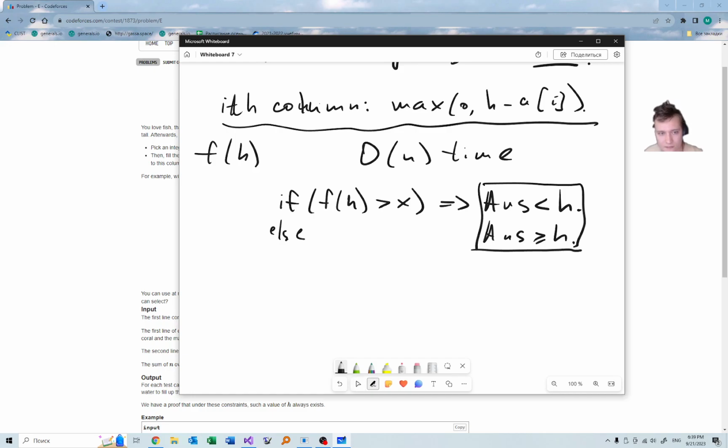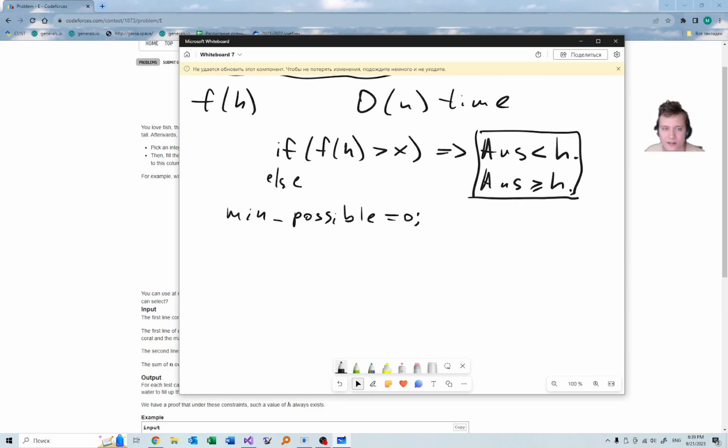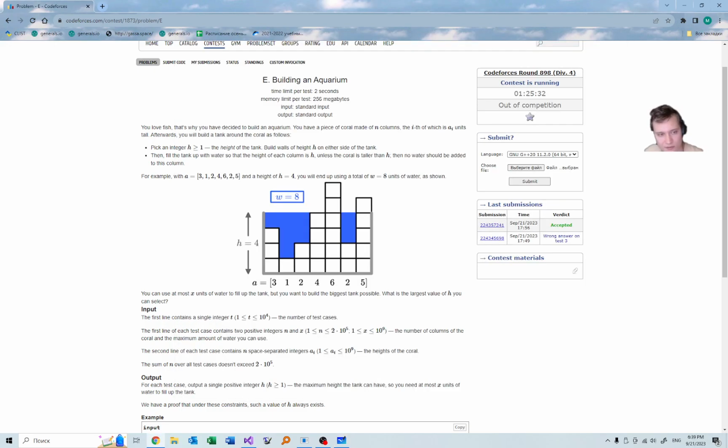So you say that minimum possible is 0, because you can take the aquarium of size 0, you will just have no water there. And minimum impossible is what I messed up during the contest. This is the minimum size of aquarium which is impossible.